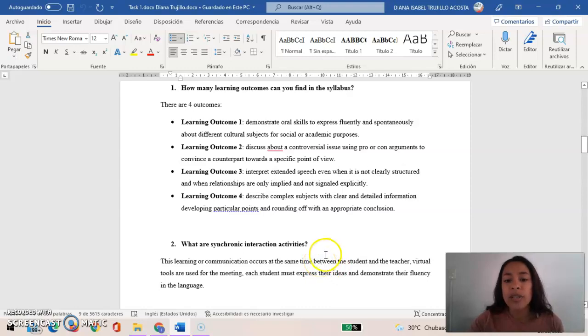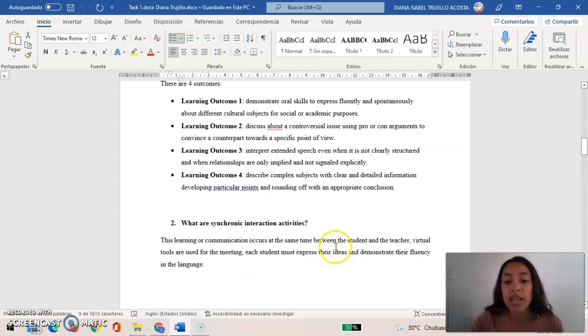Third, interpret a standard speech even when it is not clearly structured and when relationships are only implied and not signaled explicitly. Fourth, describe complex subjects with clear and detailed information, developing particular points and rounding off with an appropriate conclusion.